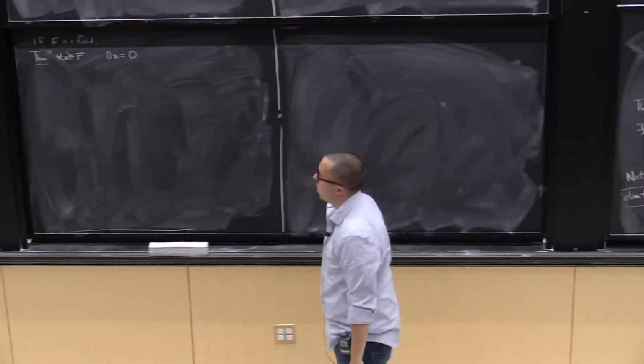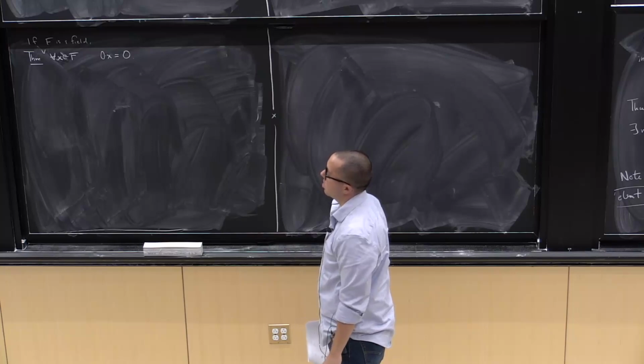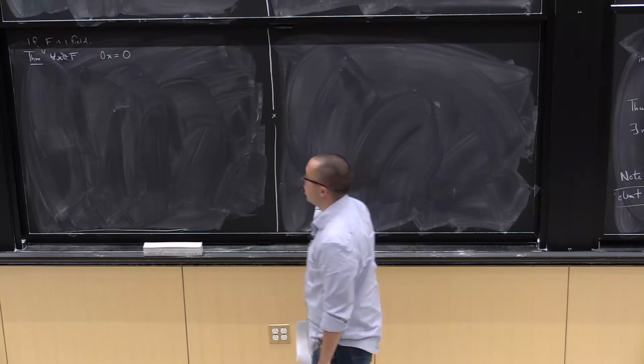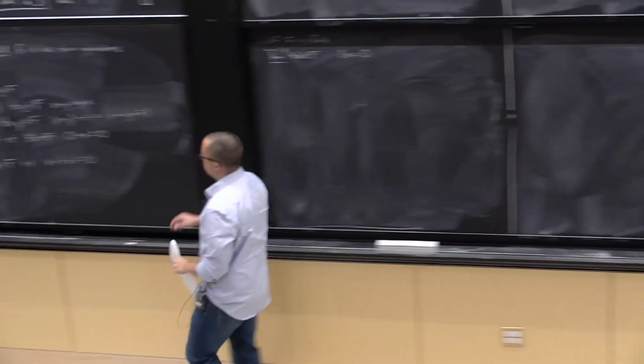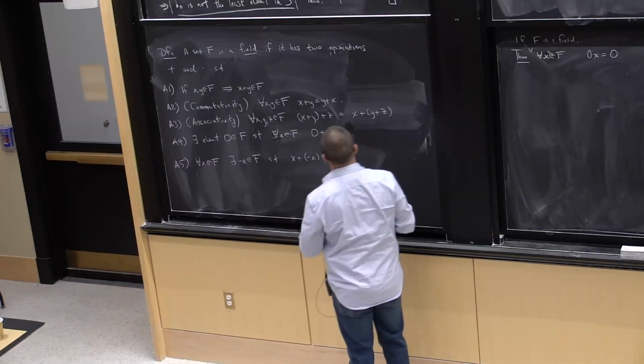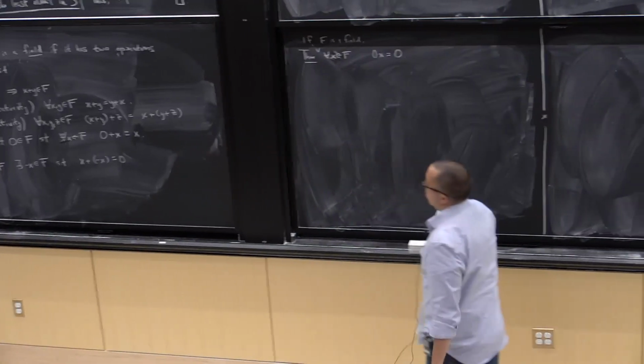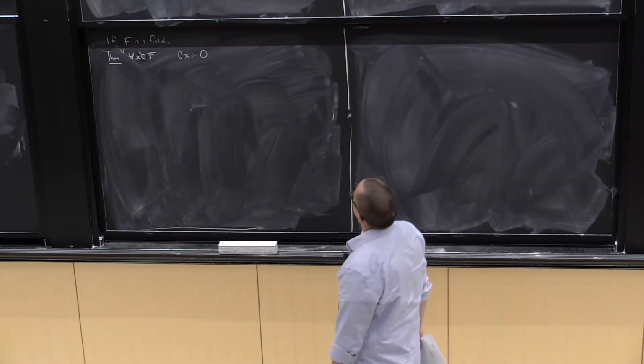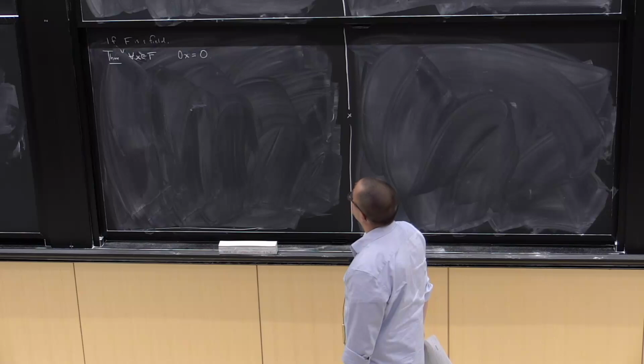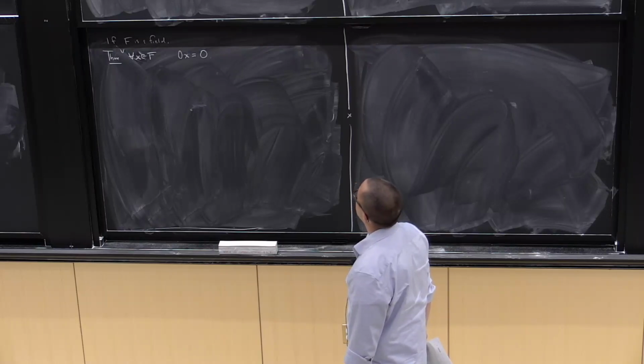Okay? All we know about 0 is that when you add it to x, you get x back. Actually, this should have been x. Make sure there's no other errors. I don't think there are.